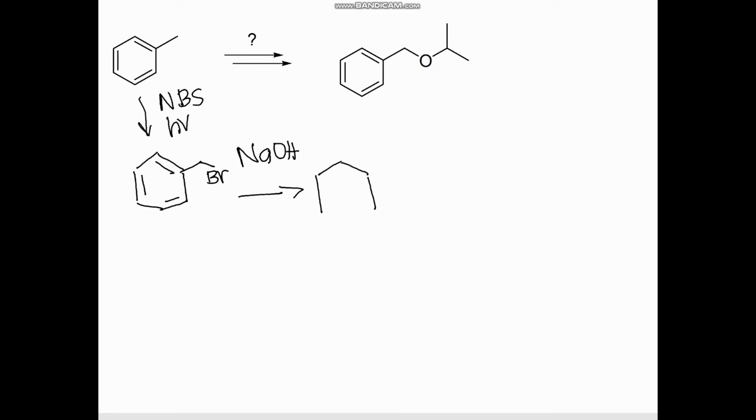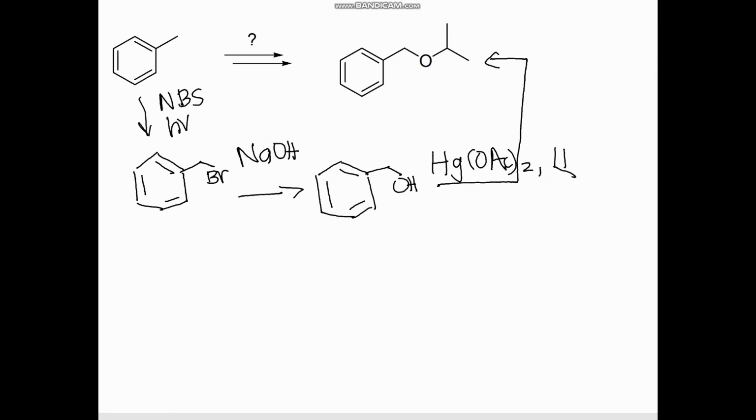And in order to add the propane group to the oxygen, we would add Hg(OAc)2 with the propene at the end there and NaBH4, and it'll give you the end product.